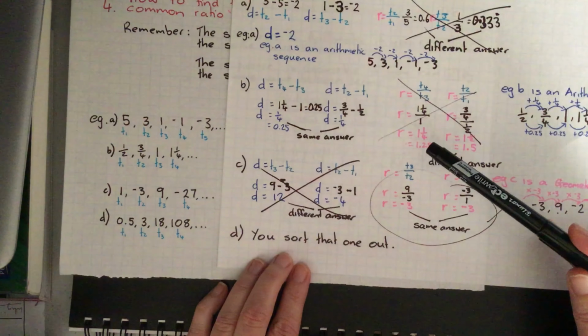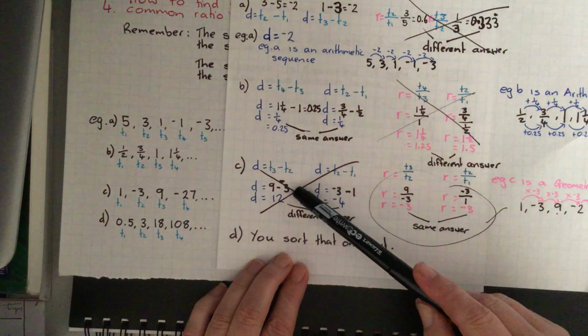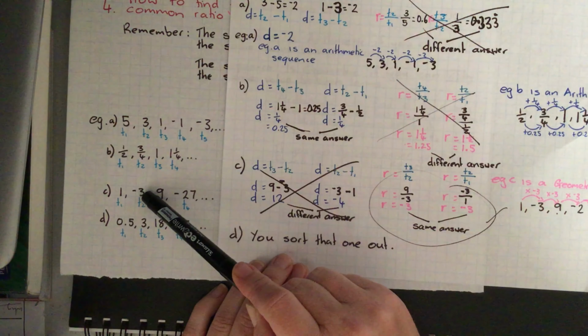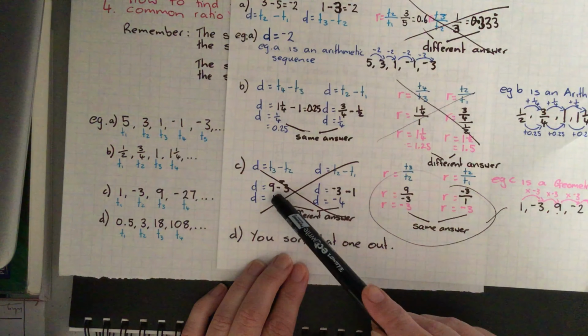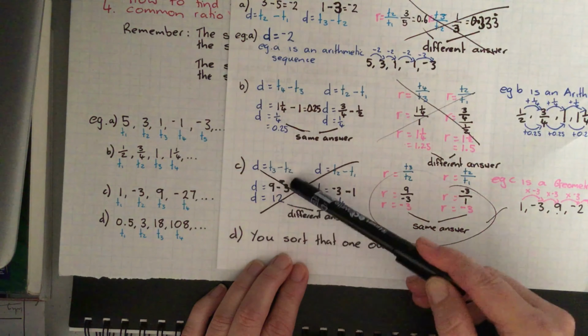Term 3 take away term 2, 9 take away the negative 3 because the value was a negative 3. I can't just go 9 take away 3 because take away is part of the formula. I had to substitute in negative 3. That gave me 12. Negative 3 take away 1, which was term 2 take away term 1, gave me negative 4. Well, I've got two different answers.